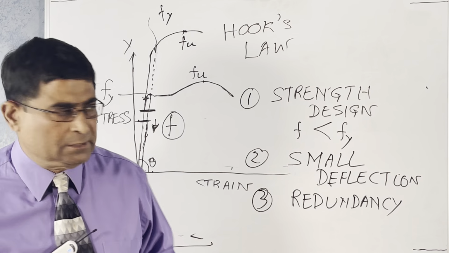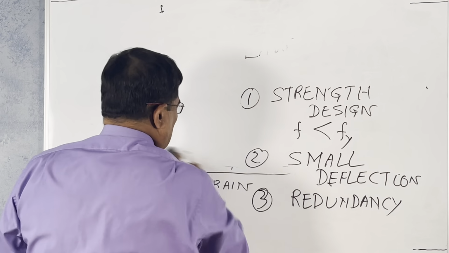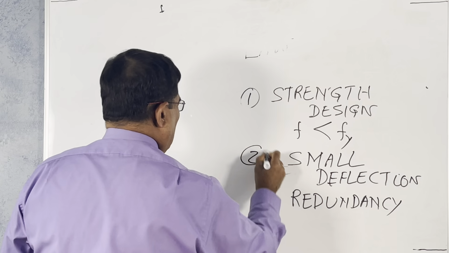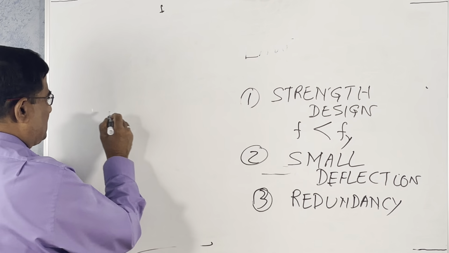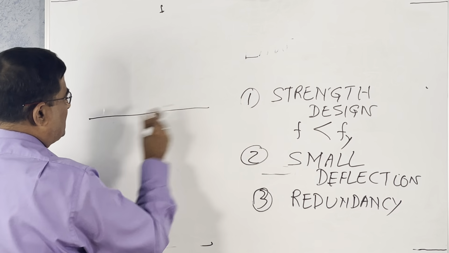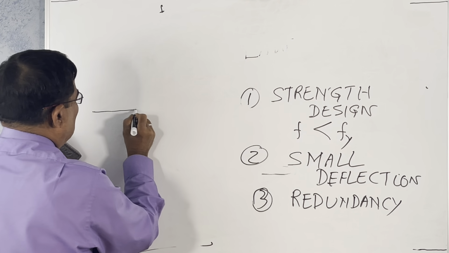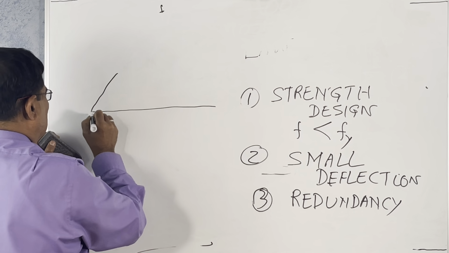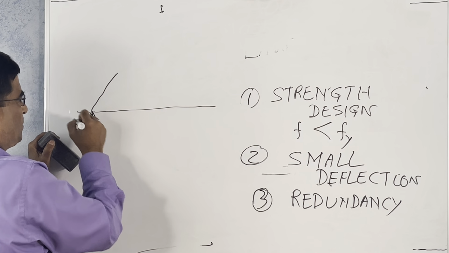Usually that happens. Take the case like this. If you have a truss, truss means some members like this. It has a support here. It's a hinge support.